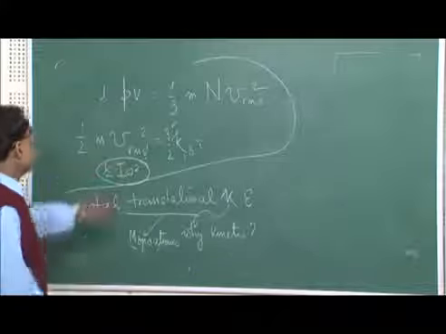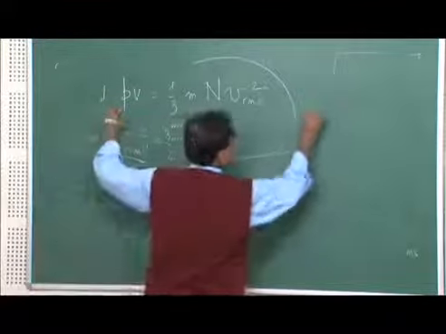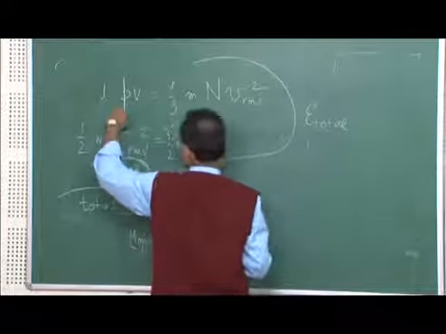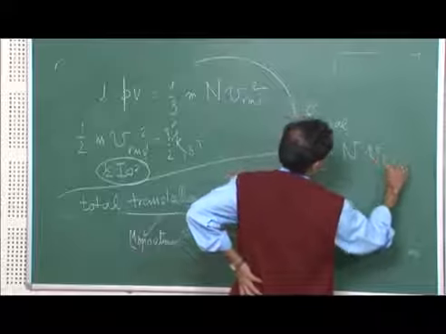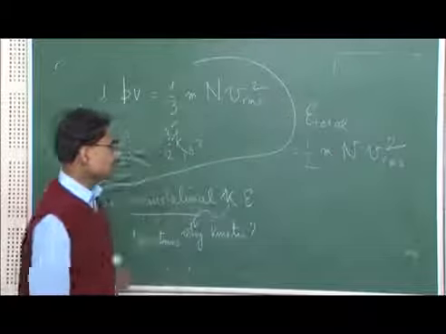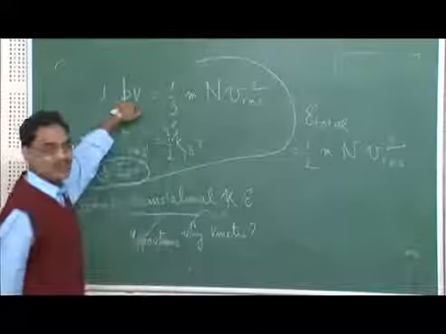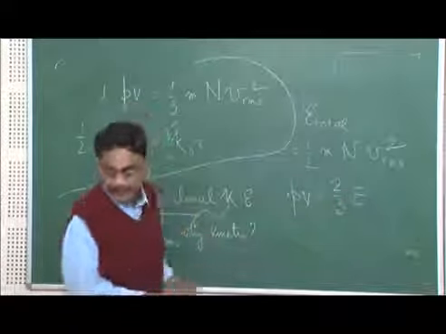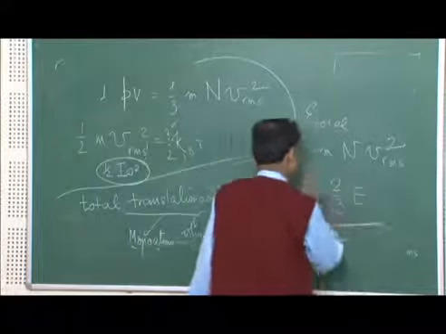The total translational kinetic energy will be given by half m capital N V RMS squared. Now, if you connect this quantity and the earlier one, you immediately have a relation PV is equal to 2/3 E. This is something I want to emphasize, because this is a very, very important relation.